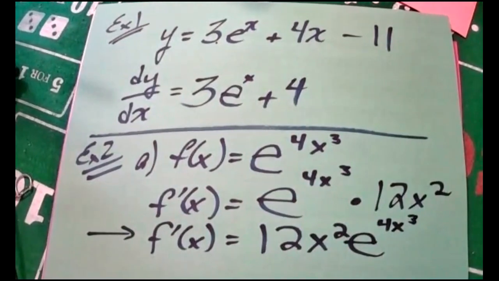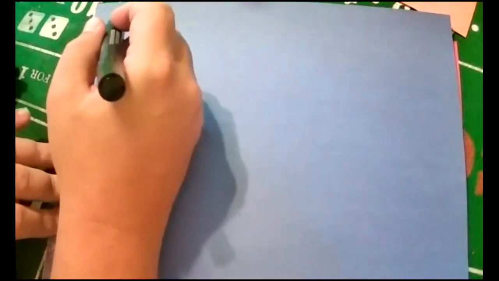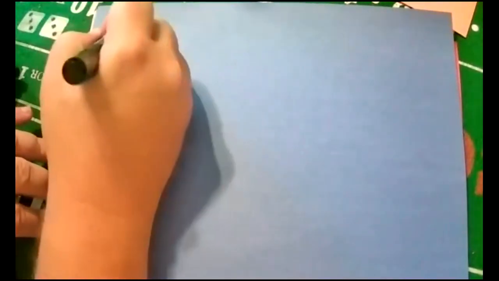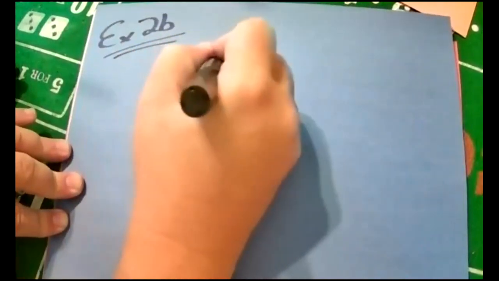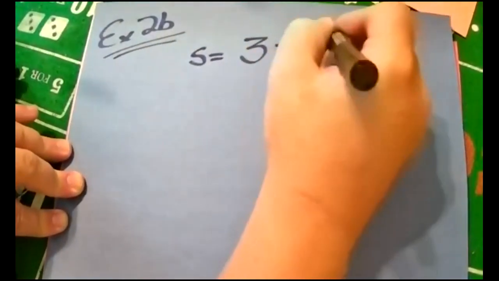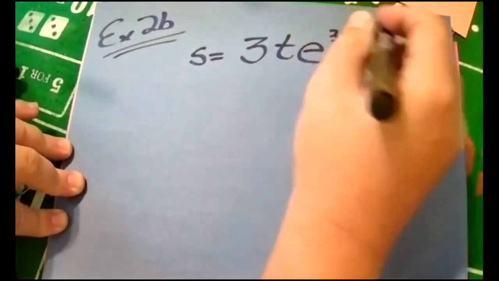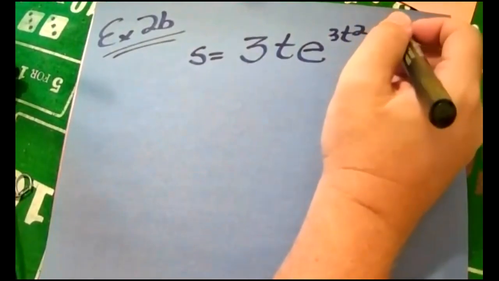Right. Our next example, we have some variables that we're not used to, s and t, but ultimately it does mean the same thing. Here, we're trying to figure out, we have s equals 3t e to the 3t squared plus 5t.